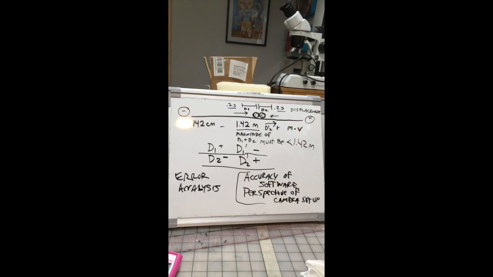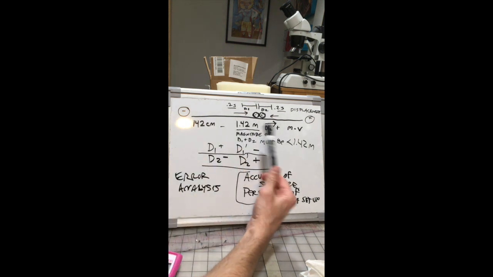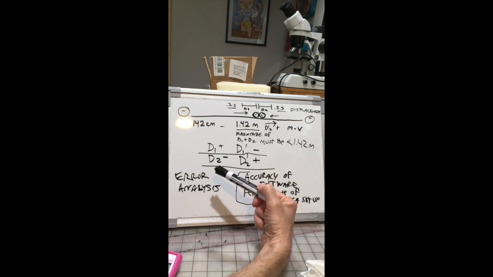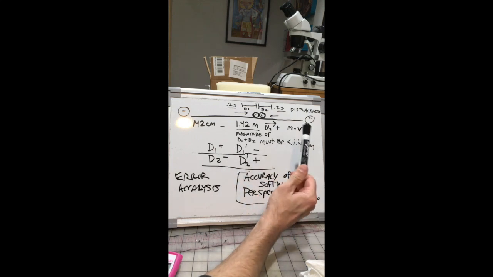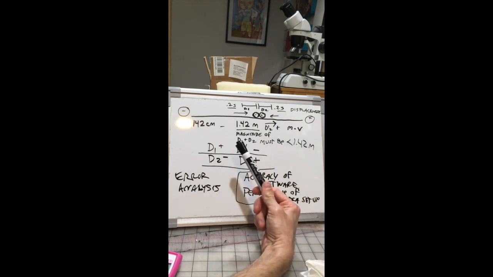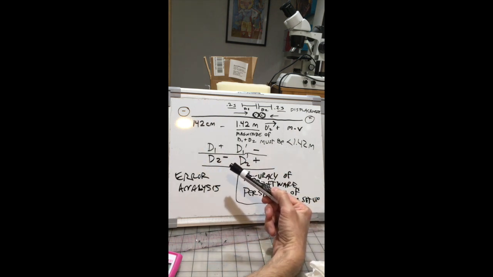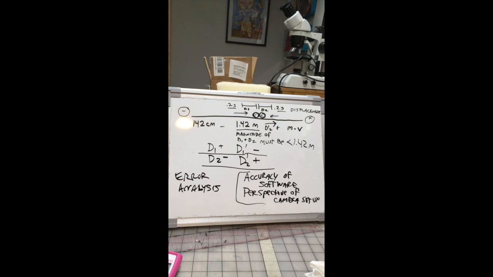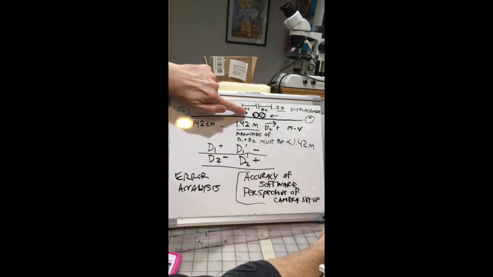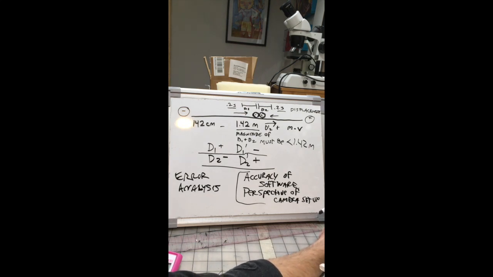All right, let's sum it all up. Number one, the magnitude of these distances must be less than 1.42 meters because that is the length of the track. Second important point: if distance 1 is positive heading into the collision, it's going to have a positive velocity.